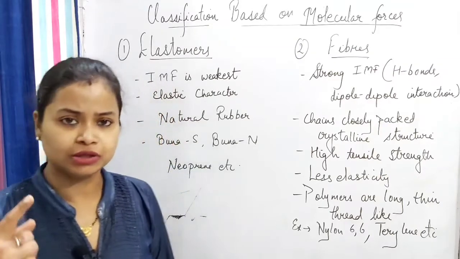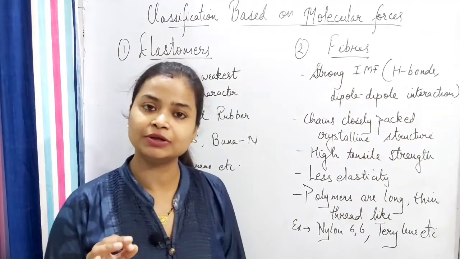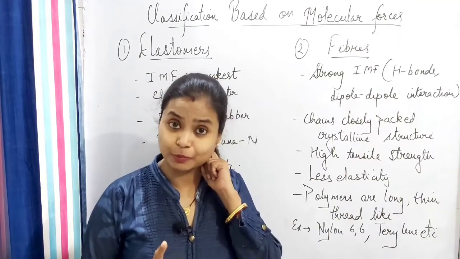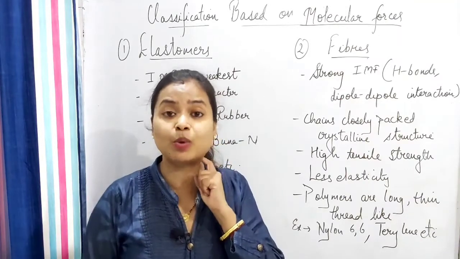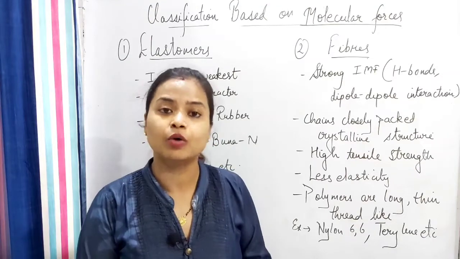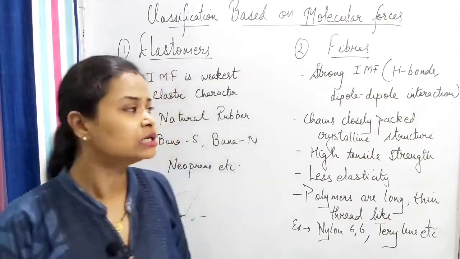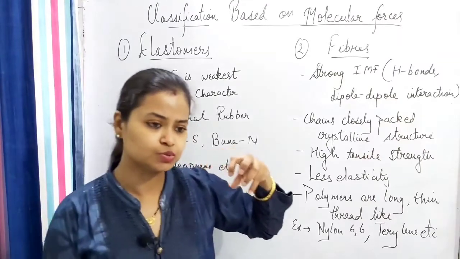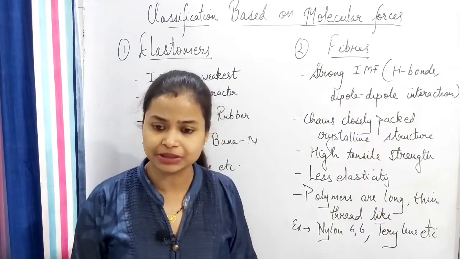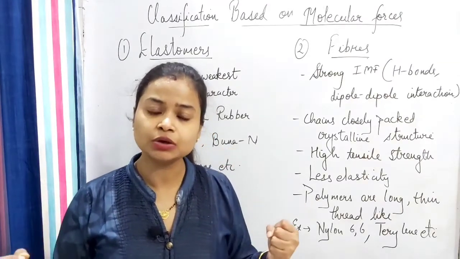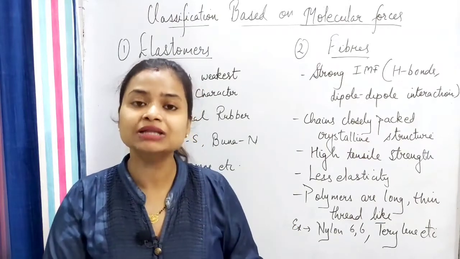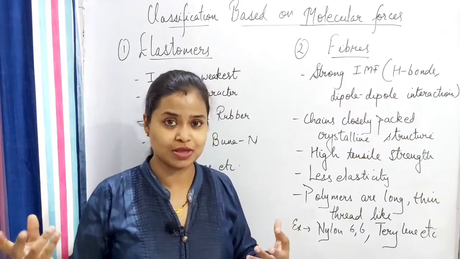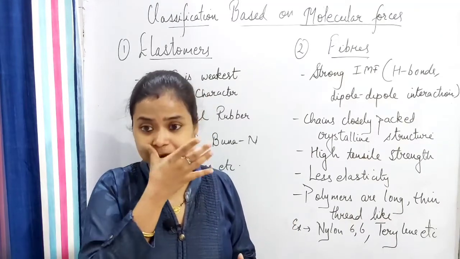Now, if you remember, in the previous video I gave you one example of semi-synthetic polymers, vulcanized rubber. Briefly, I am telling you: natural rubber has elasticity, but there is one disadvantage, that many a time it does not regain its original shape after removal of the force, and therefore it is brittle.